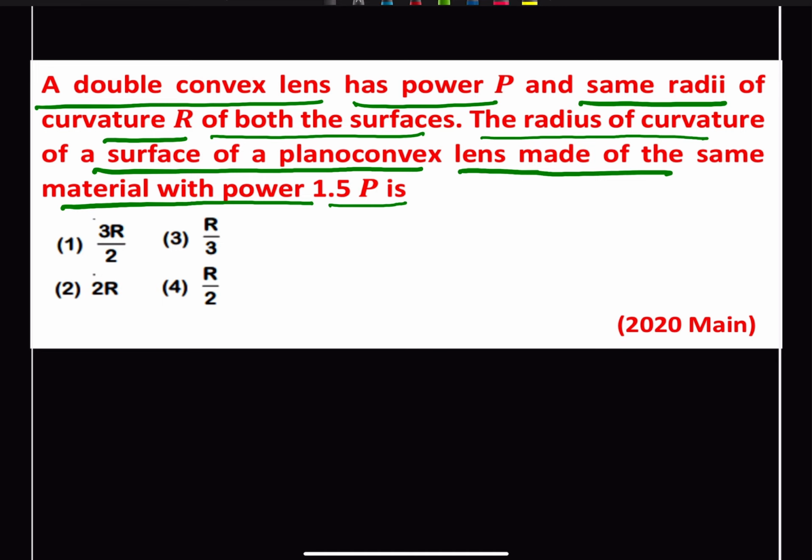So we have a double convex lens which will be something like this, and both radii of curvature are the same. So this will be R, and this side will also be R, and its power is given as P, and its refractive index is not given to us, anyways, if I'm not wrong.